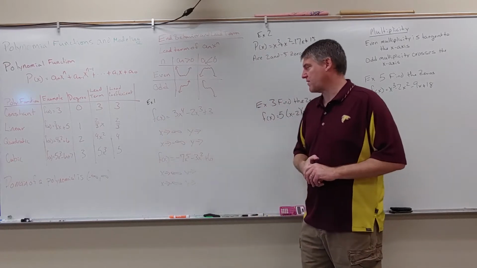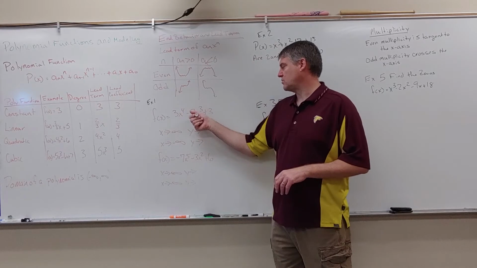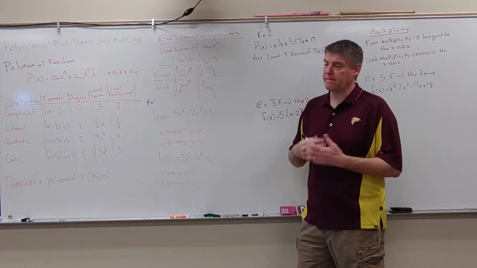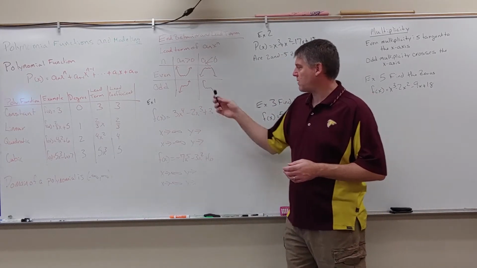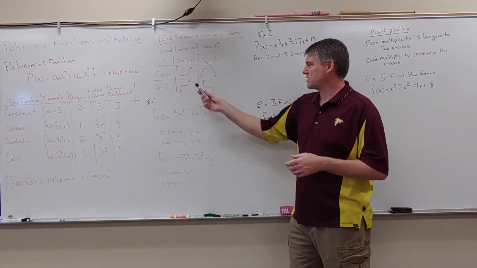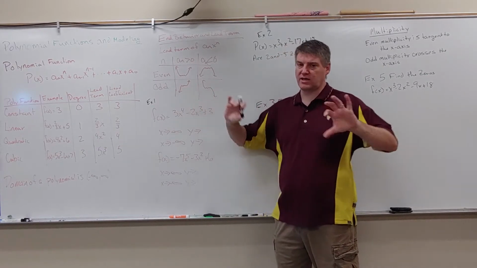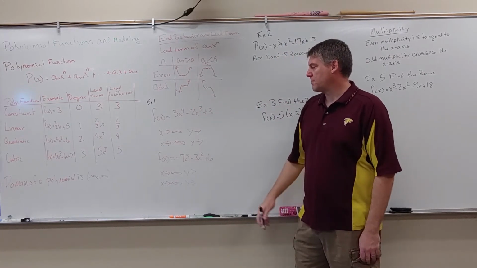So here I have f of x equals 3x to the fourth minus 2x cubed plus 3. When I'm dealing with these, you probably notice up here in my diagrams, there's all these little bumps. The reason is because I don't really care about how many terms it has in the middle. I'm only talking about the extremes. All right?